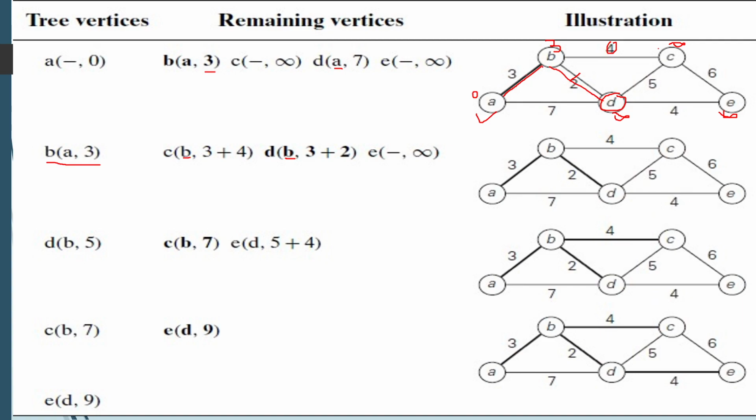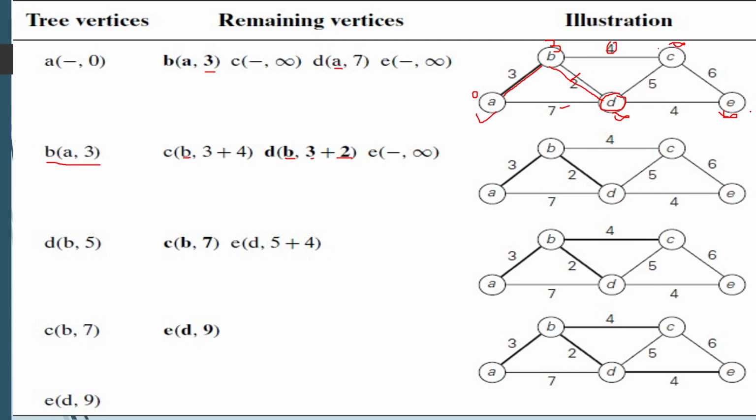A to B is 3 and B to D is 2. Means total distance from A to D. If you want to reach D, you should not go directly, because the distance is 7, which is not the shortest one. If you take this path, you will get the minimum distance. That's why you select this path here. 3 plus 2 is the minimum.